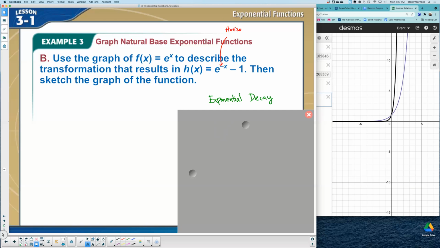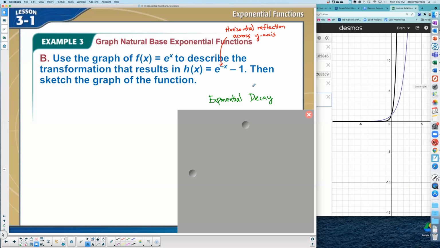Horizontal. This will be a horizontal one. A negative does what: stretch, shrink, shift, or reflect? Reflect. It's a horizontal reflection. Now, reflections are tricky. Which axis does it go across? Across the y-axis. That's right. It's backwards of what we normally think.